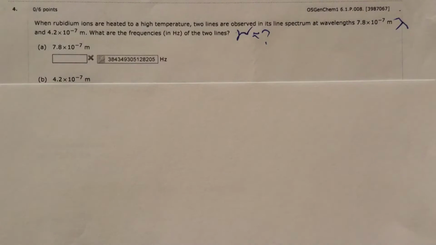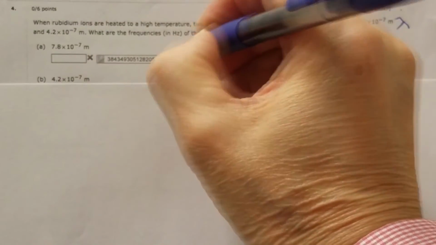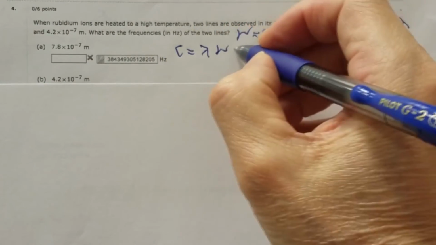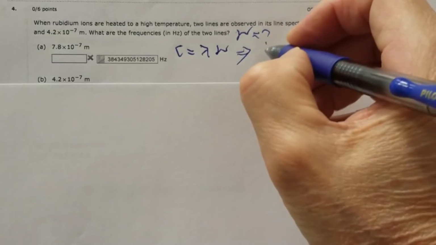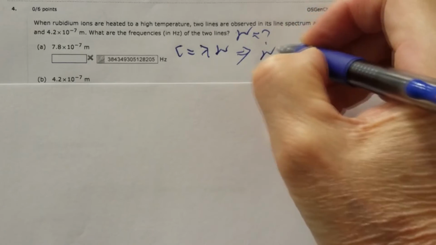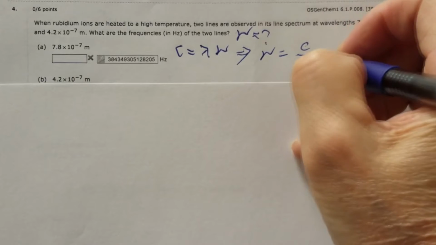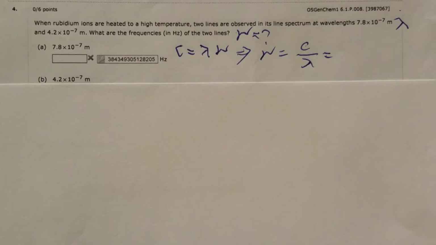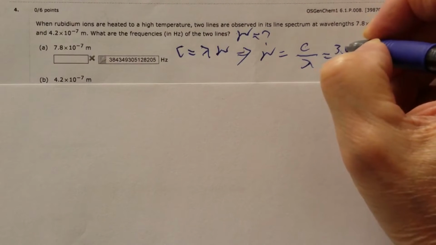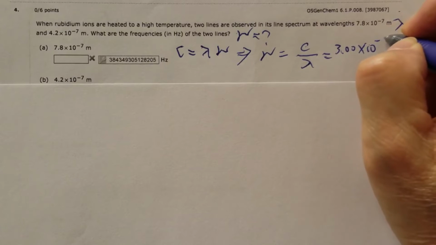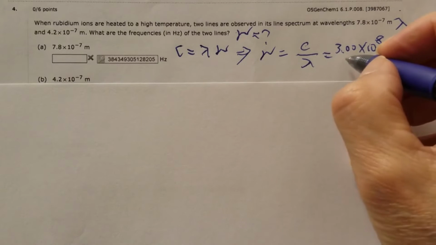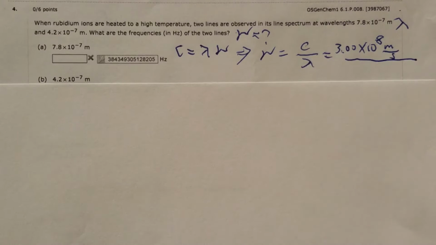okay? And we just simply use, again, the key equation here, which is C equals lambda times nu. And from there, we can say, okay, nu equals C over lambda, all right? So C is the speed of light. So we will just say 3 times 10 to the 8th meter per second. And then over lambda.